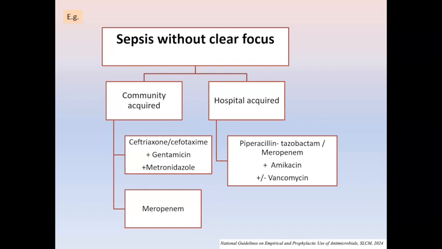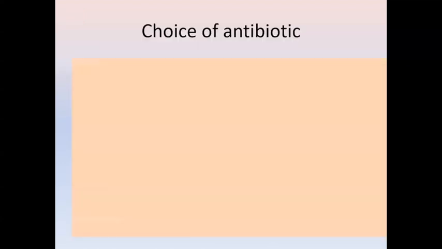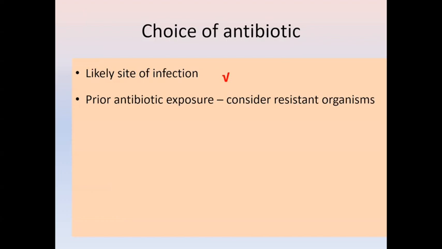If it is hospital acquired, of course, we have to think about all the resistant pathogens depending on your institution. Choice of antibiotics: we have talked about the likely site of infection. And then, of course, prior antibiotic exposure, because we have to consider resistant organisms.